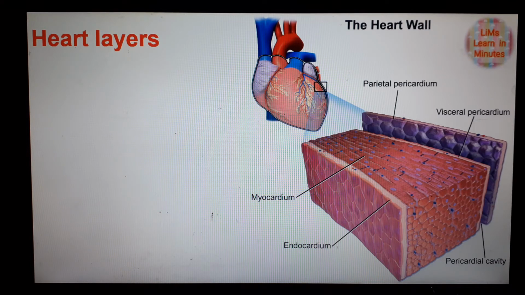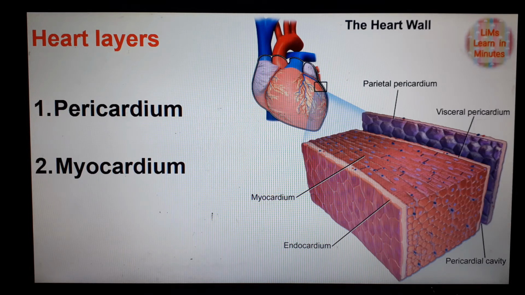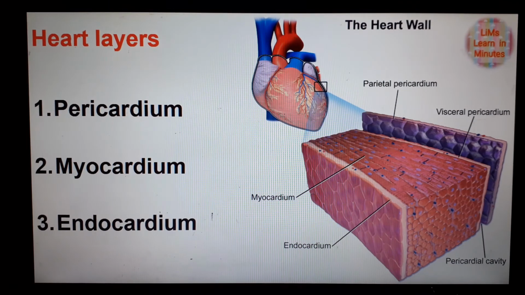The outermost layer is the pericardium. The middle layer is the myocardium, also known as the muscle layer, and the third, the inner lining, is the endocardium. In this diagram we can see the heart layers: pericardium, myocardium and endocardium.